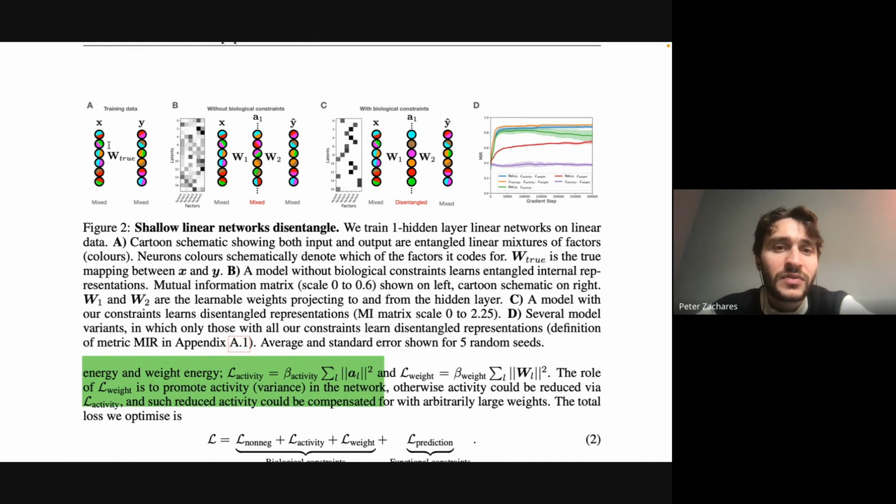The difference between an entangled and a disentangled representation: an entangled representation would be BA1, that middle vector, where you still see that the internal representation within the model has a mixture of the components, so it's multiple colors at once. A disentangled representation is where the internal components, the internal neurons, are only picking up on a specific feature.